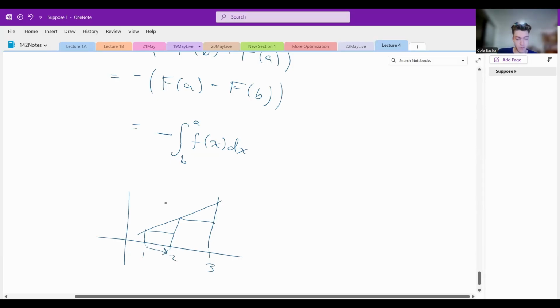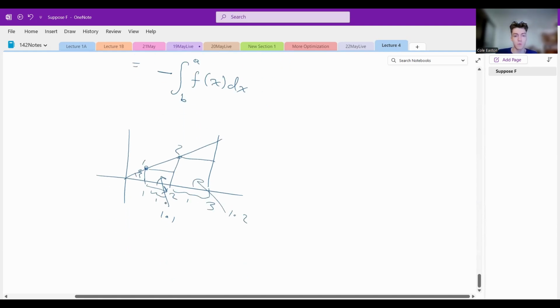I moved one to the right, so this is a width of 1. Then we could just say that this is the function y equals x. So this is going to be 1, and then this will be 2. The area of this rectangle would be 1 times 1, and the area of this rectangle would be 1 times 2.